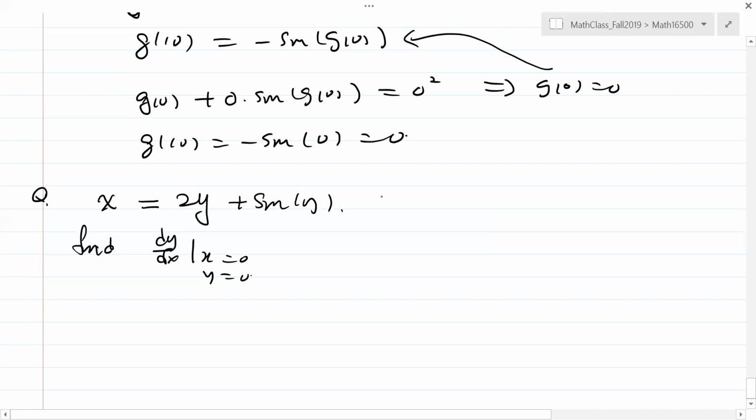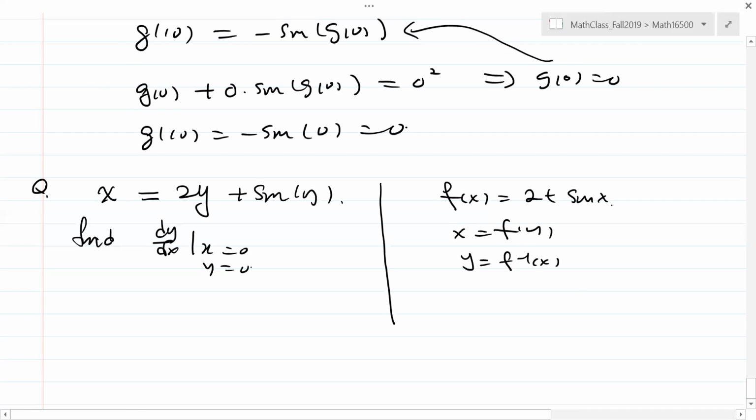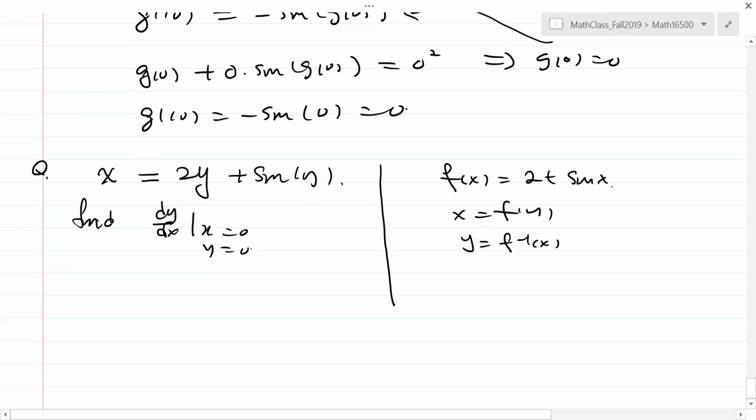If f of x is going to be 2x plus sine x, okay, then what we're doing here is x equals f of y, right? Then y is going to be the inverse of x. So actually you're finding the derivative of the inverse function.